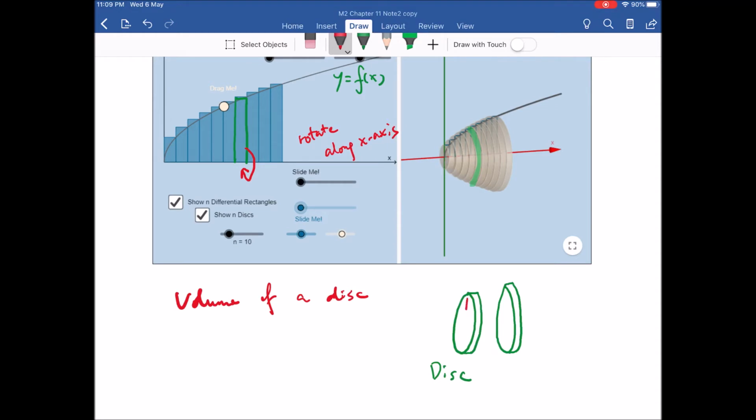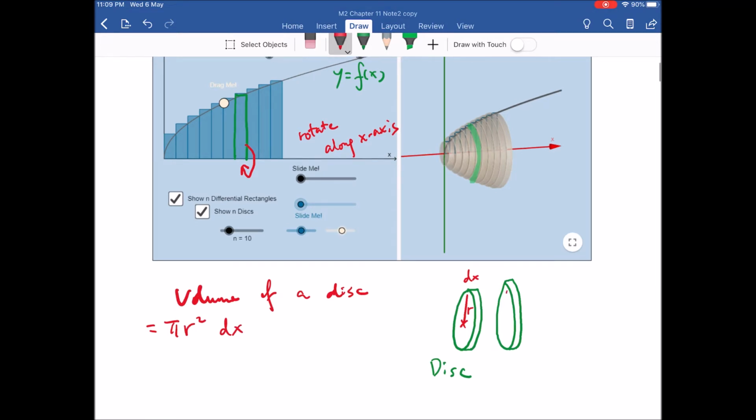So what is the volume of a disc? This is what we call the radius. The volume is pi r squared times its width, and its width is dx. So only one disc is this one. The other has another r. Make sure that these two r are different, R1 or R2. So what is r?